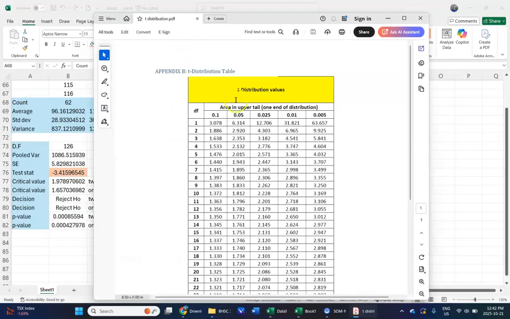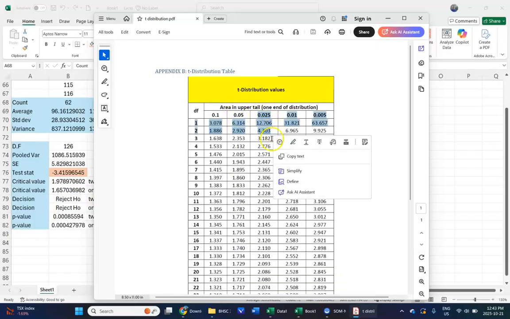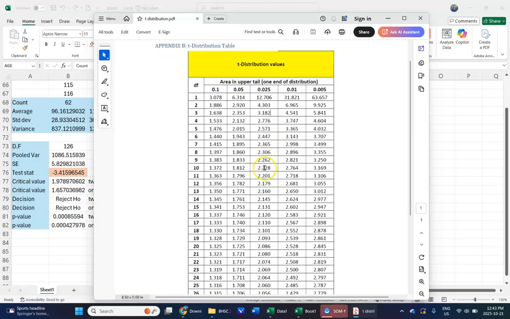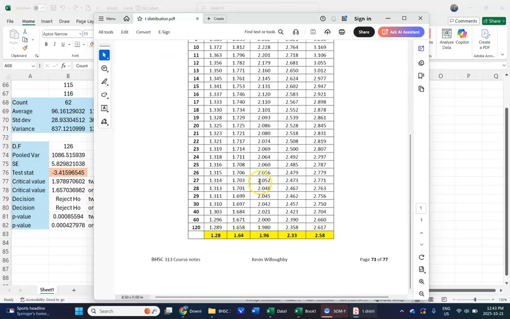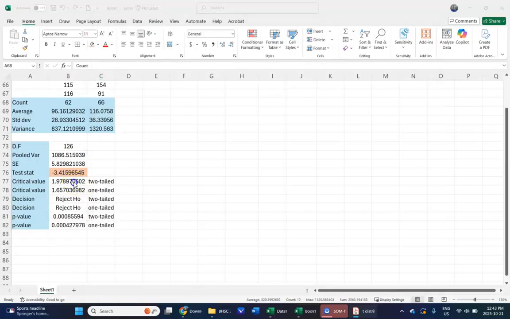So for a test where alpha is 5%, we'll be looking at this column here, the 0.025 for the two-tail test, I should say, and we'd have to go down to 126 degrees of freedom, which we don't have. But if the degrees of freedom is on this chart, we can use it to find the critical value. Based on 120 degrees of freedom, our critical value is 1.98. We have a critical value that's very close to that with slightly more degrees of freedom.